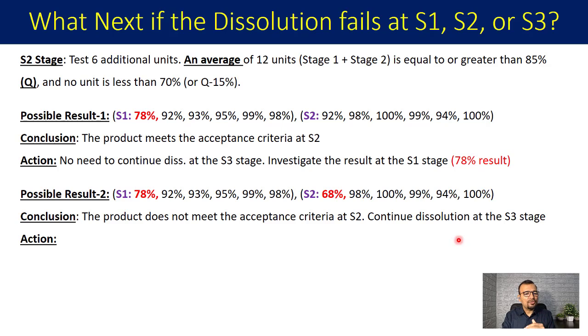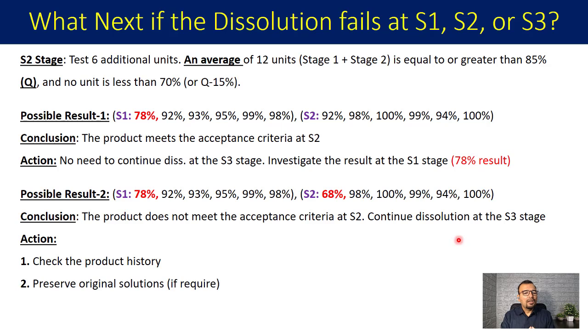But what actions can you take? Check the product history again, because failing at S2 stage is quite significant as far as product quality is concerned. Preserve original solutions.